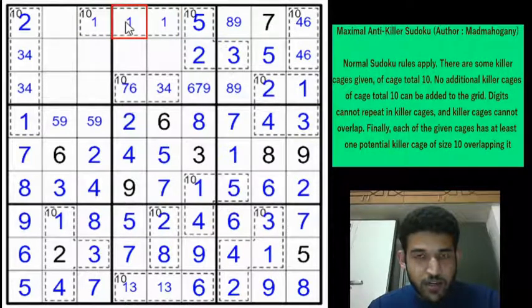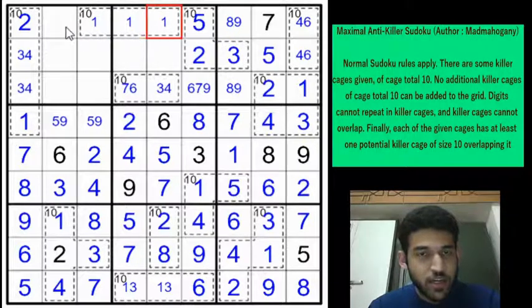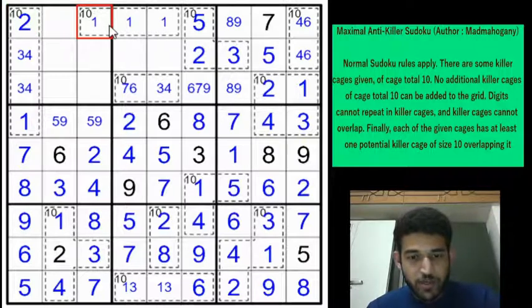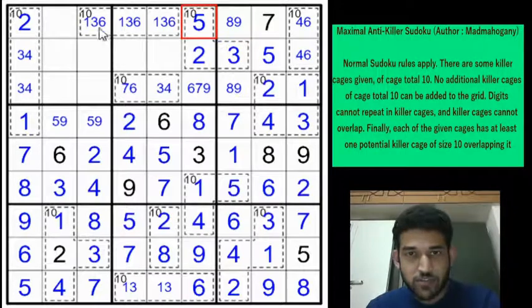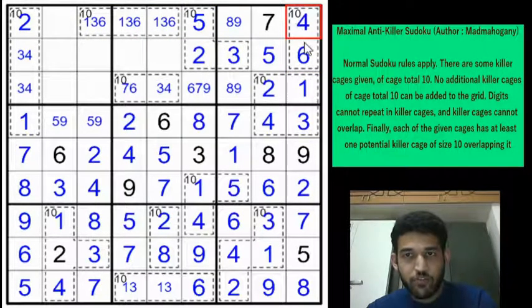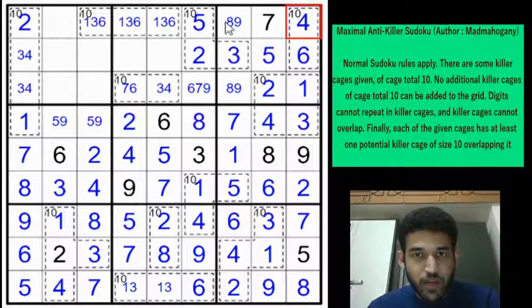And the remaining total must be 9 from 2 cells, which is 1 plus 8. 1 plus 8 not possible because 1 is already there. 2 and 7 is not possible because 2 is here. 3 6 is possible. 4 5 is not possible because 5 is here, right? So these will be 1 3 6 only, and that gives us 6 here and a 4 here. And now the remaining possibility should be 8 or 9. We have an 8 9 pair.